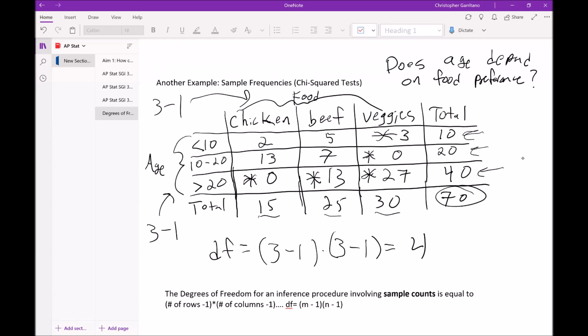And as you can see, there are only 4 numbers that do not have stars next to them. Remember, those starred numbers represented numbers that were not free choices. So there are 4 degrees of freedom.